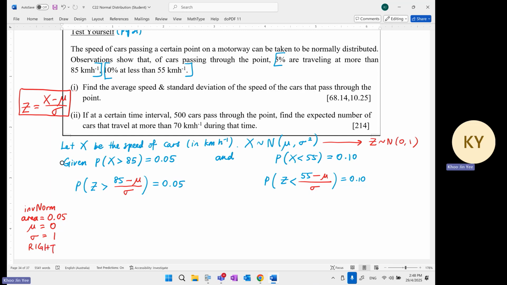So with this, you key in, and this one, your unknown 85 minus mu over this would be equal to 1.644854. And so this will be equation 1. Next, the next one over here, using the same inverse norm.